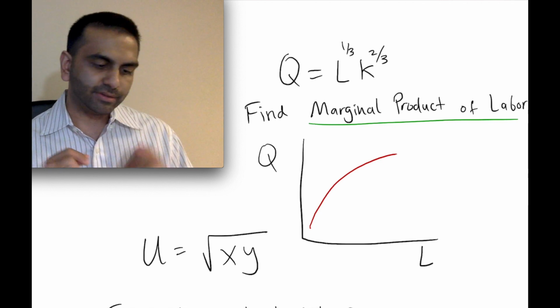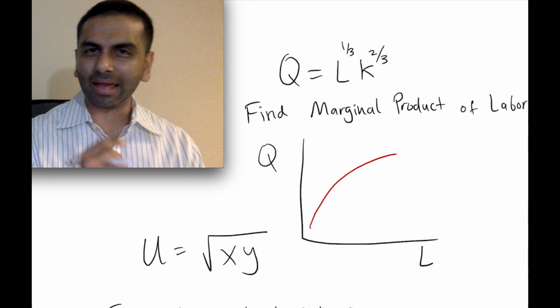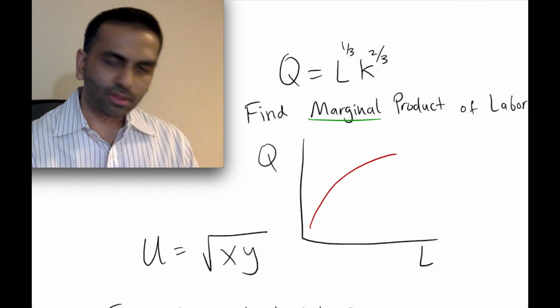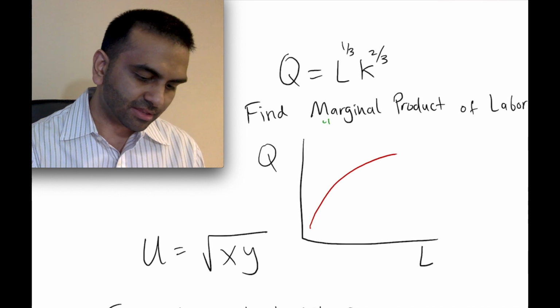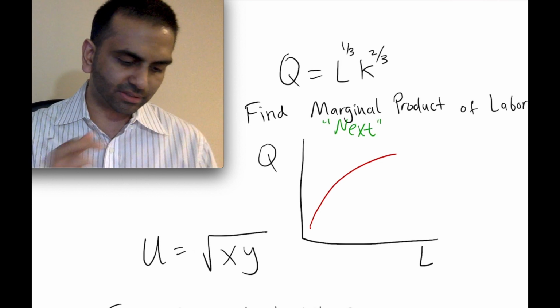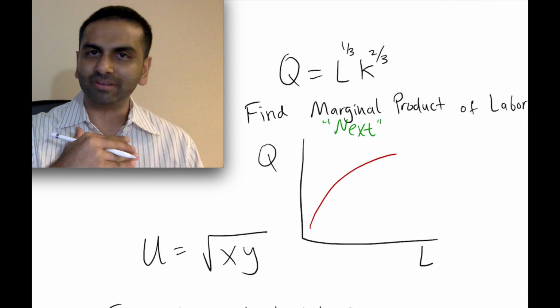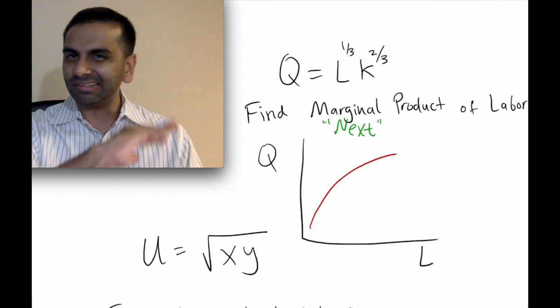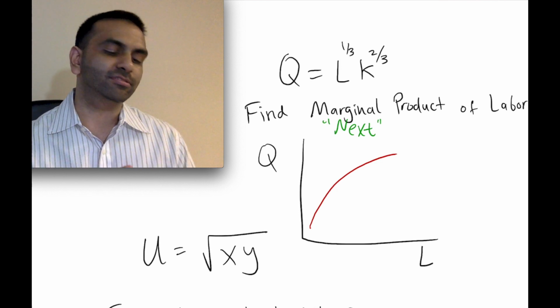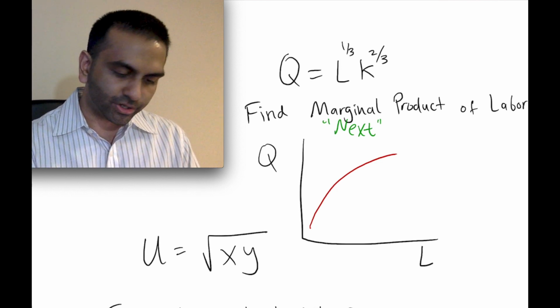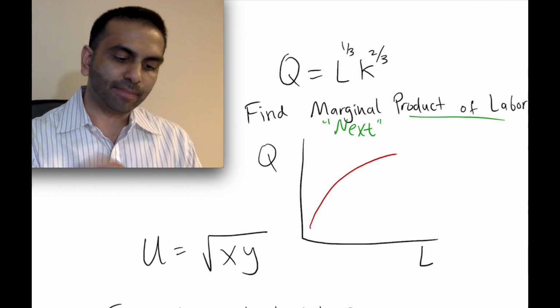Here's where some notation and vocabulary from economics comes in. The word marginal in economics usually just means the next or last. Whenever somebody says on the margin, they're not talking about the total or the average, they're talking about just the next unit. So the marginal product of labor.